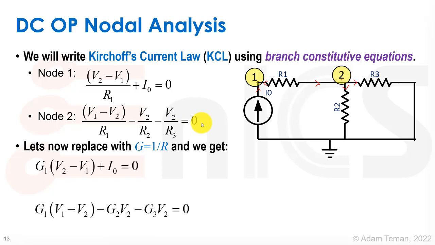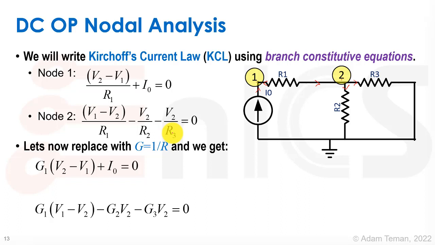So now we're going to do a little trick and replace the resistance with the conductance, which we're going to call G. So G is 1 over R, and that allows us to get rid of the denominators. Instead of R1, we write G1, so we have G1 times V2 minus V1 plus I0 equals 0, and G1 times V1 minus V2 minus G2 times V2 minus G3 times V2 equals 0.